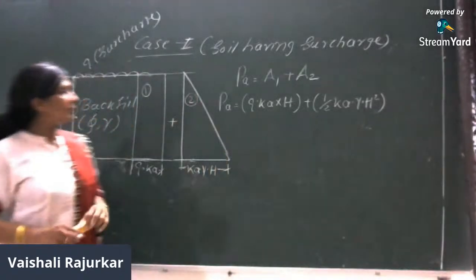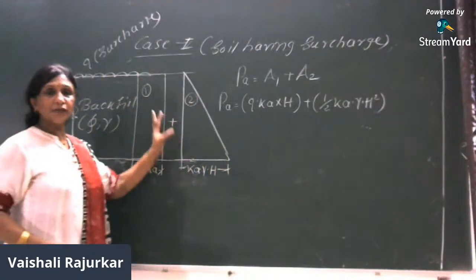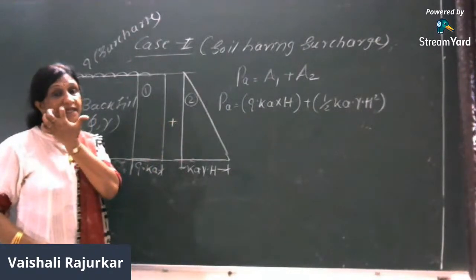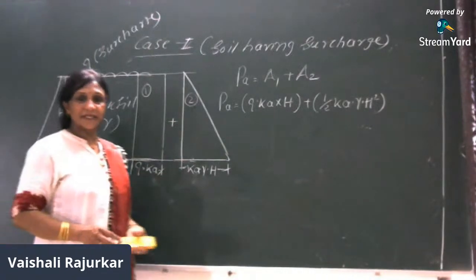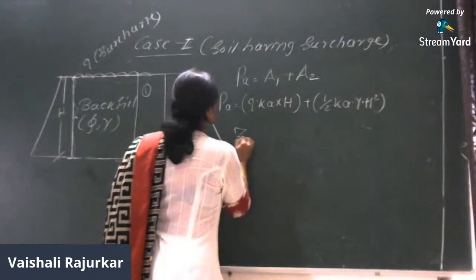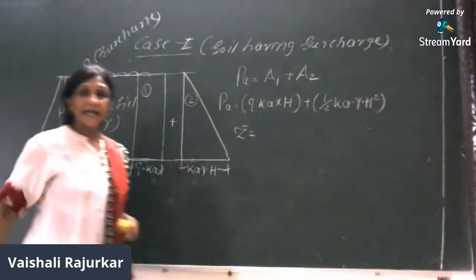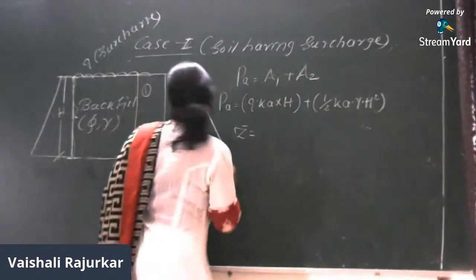Now, you can do one thing: you can make the combined diagram and calculate the area of the trapezoid, and you can directly get where the CG of the trapezoid will be. Now, where will it act? Z bar is the distance at which the total pressure will act.